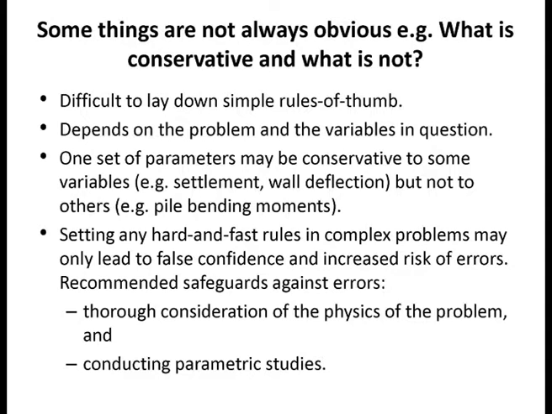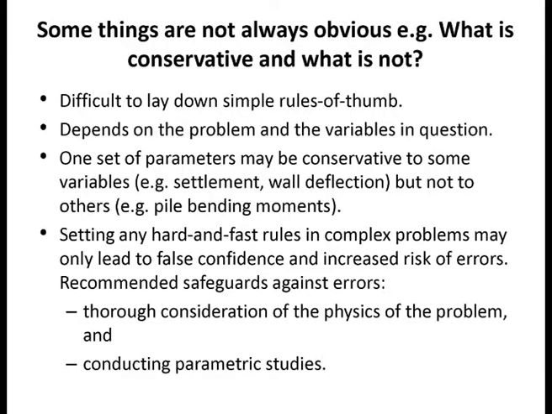One set of parameters may be conservative for some variables, but not for others. And so you cannot set any hard and fast rule in any complex problem, because it will only lead to false confidence and then increased risk of errors. And then people don't even know that they made an error.